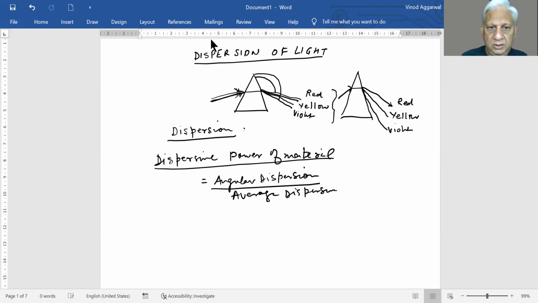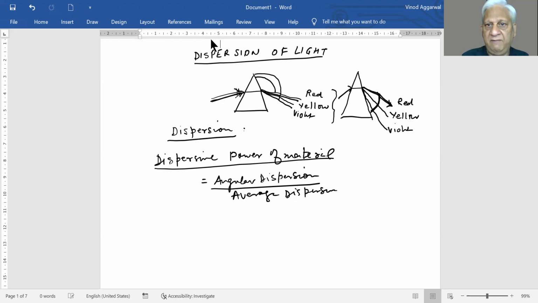Now the angular dispersion will be this one, total dispersion, or rather I would say the band of dispersion from minimum value to maximum value.